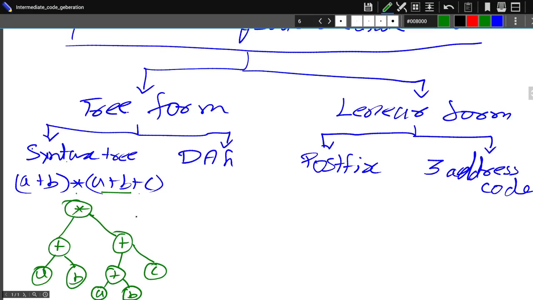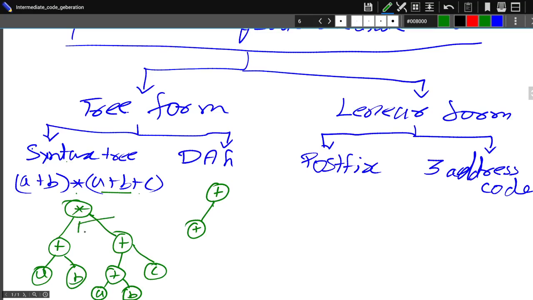Now you can see one thing, that a plus b is repeated here as well. So for the DAG, you will just reuse the existing nodes. For these things you will create nodes, like a linked list.